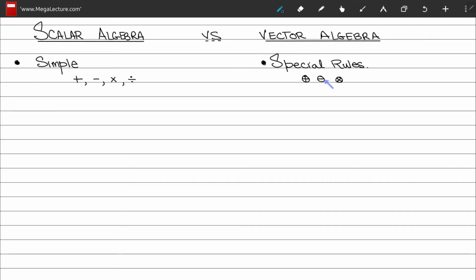Sometimes these symbols may represent those special rules, but it's not always the case. Also, you might notice there is no symbol for division over here, and that is because division is hopeless. Essentially, that just means that division is not achievable with vectors.